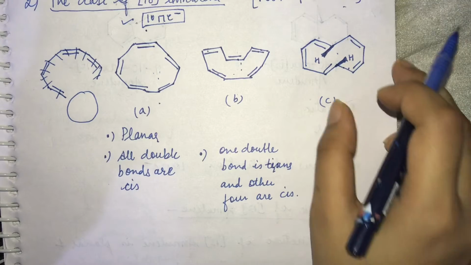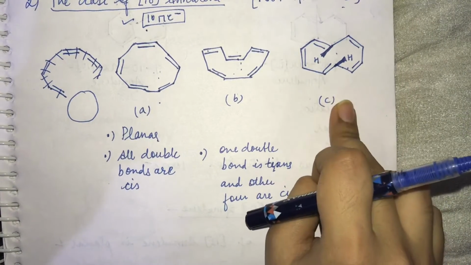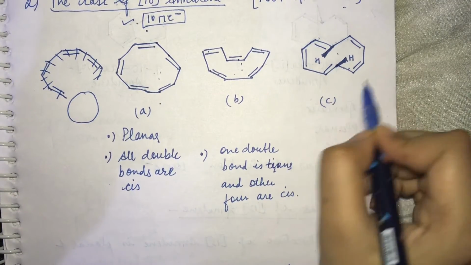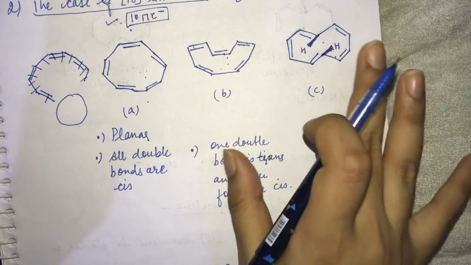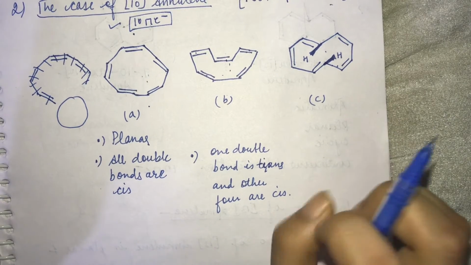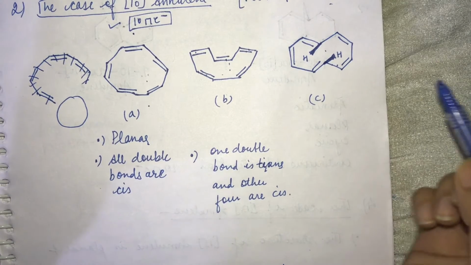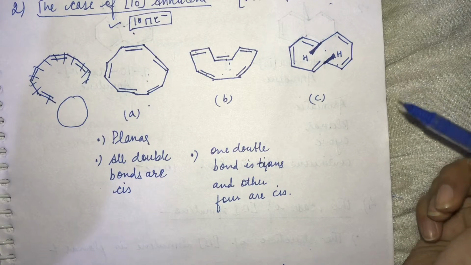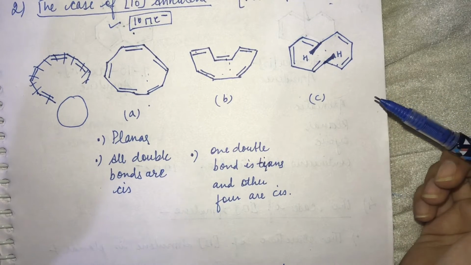But in figure C, the planarity is lost as the 2 hydrogen atoms facing each other inside the ring pose steric hindrance to each other. Thus the molecule attains a puckered or non-planar structure where the half-cycle parts are angular to each other. As you can see, the molecule puckers to keep these hydrogens further away from each other.